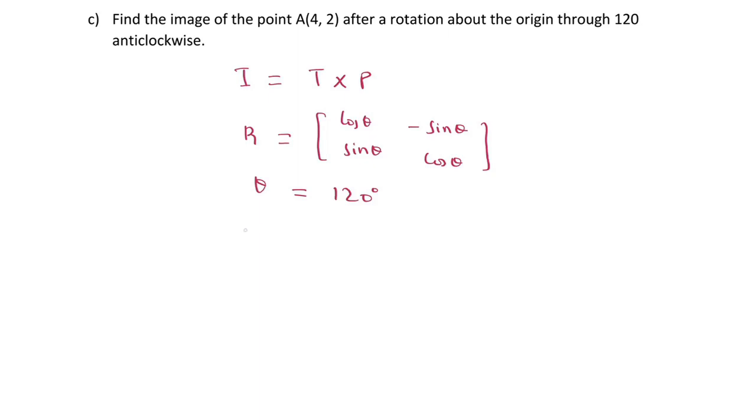So let us substitute the value of theta in our equation. Then we are going to have R equals matrix cos 120, sin 120, negative sin 120, cos 120.